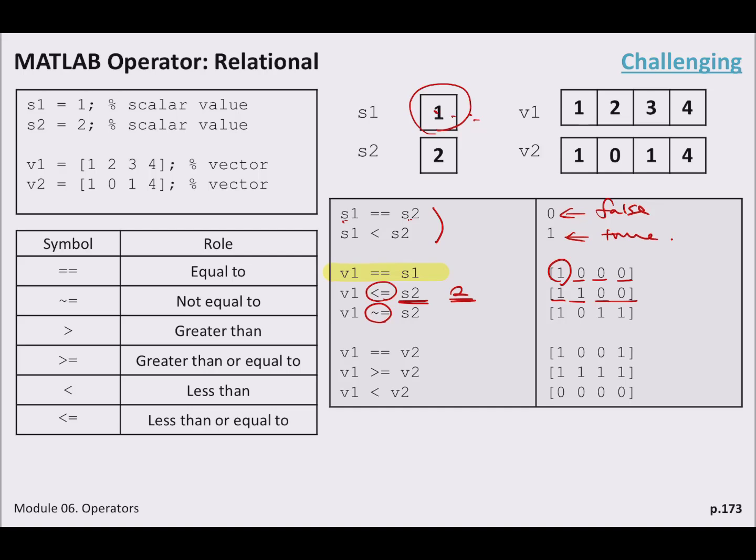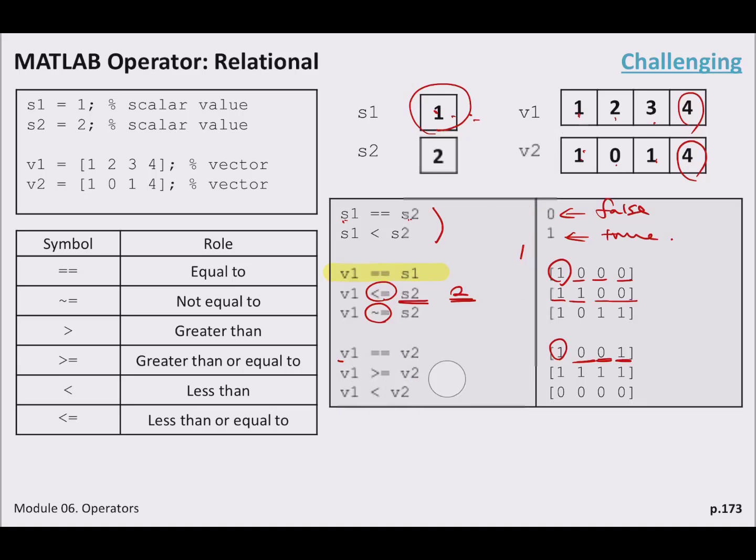For instance, here 1 and 1 are equal, that's why it's true. These are not true, and the fourth values are the same, that's why it's true. Okay, for the other operators the only difference is the operation conducted between these two values. Does it make sense?